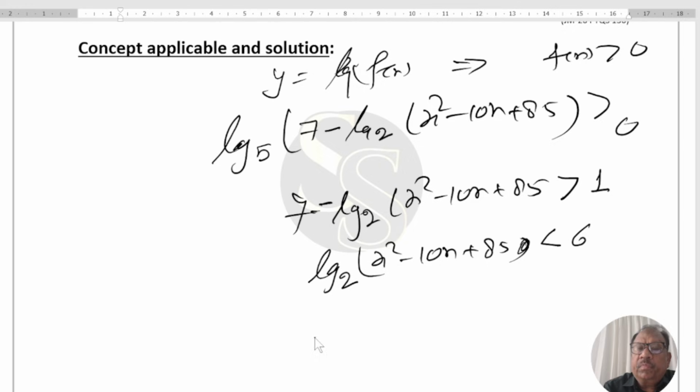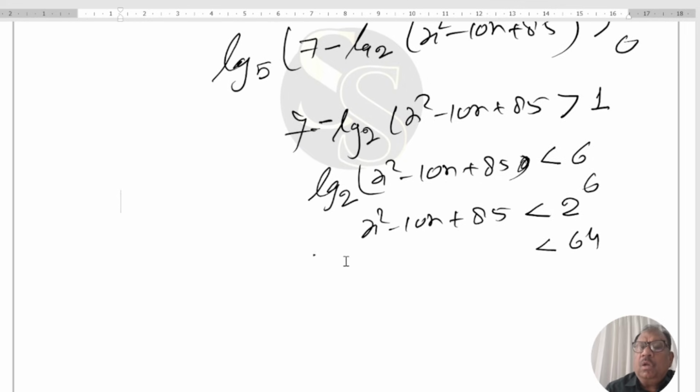That is, taking antilog, x square minus 10x plus 85 less than 2 to the power 6. In an inequality the sign changes when the base is less than 1; here the base will not change. That is 64. Now, x square minus 10x plus 85 minus 64 less than 0.